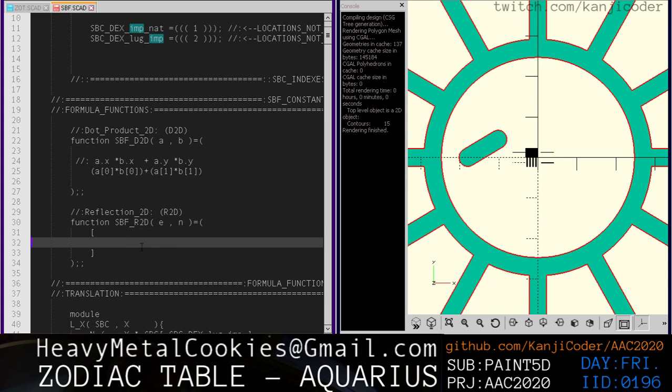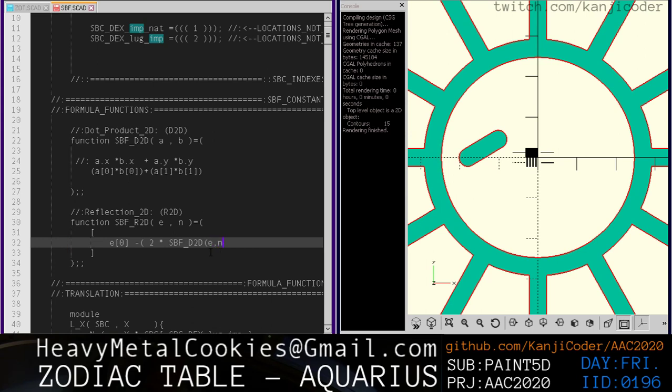Because we take a vector in, and then we have a vector out. So when we're saying E0 minus 2 times the dot SBF shotbot functions dot 2D, and it's the dot of E and the normal.